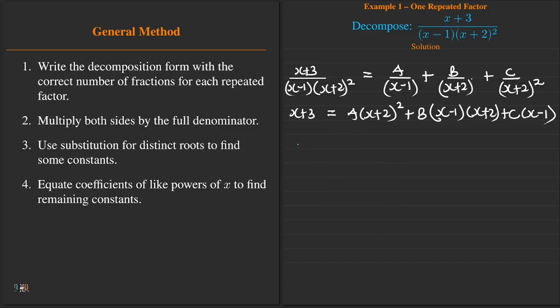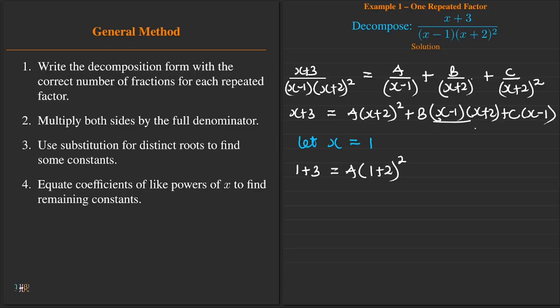So we would say, let x be equal to 1. Now, if x is equal to 1, then for our left hand side, we have 1 plus 3, which is equal to a into bracket 1 plus 2 all squared. We know what happens when x is equal to 1 here.